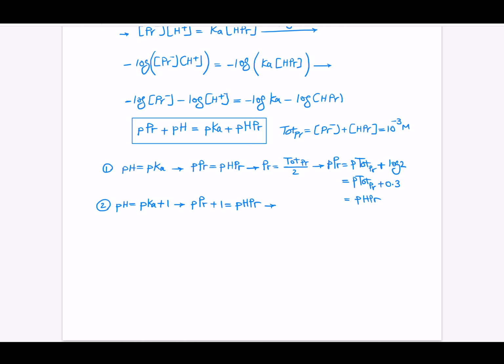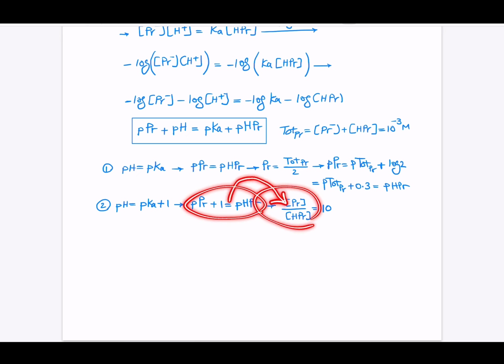Let's just move this a little bit, we need more space probably here.